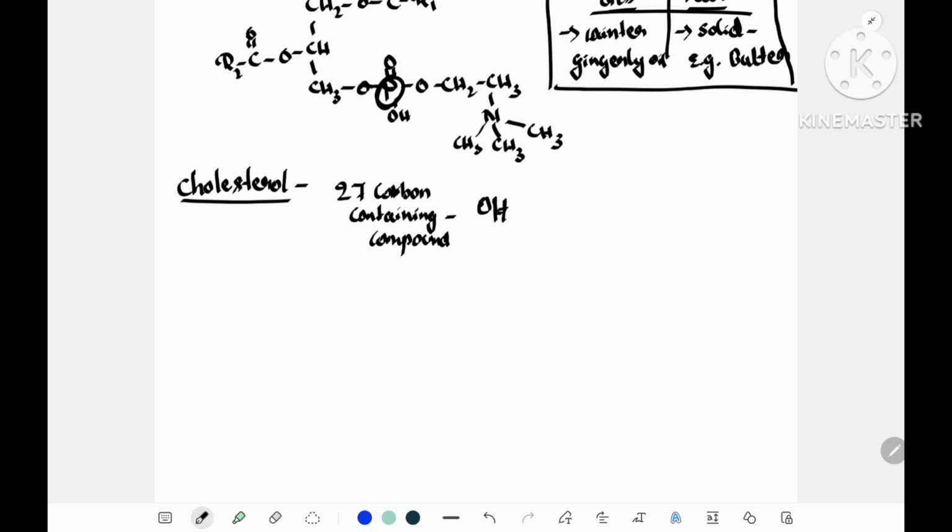This is called cholesterol, and cholesterol is an essential component of animal cells and animal cell membranes. So usually it is found in animal cell membranes.